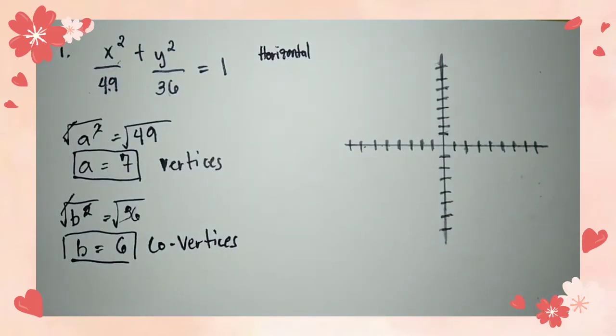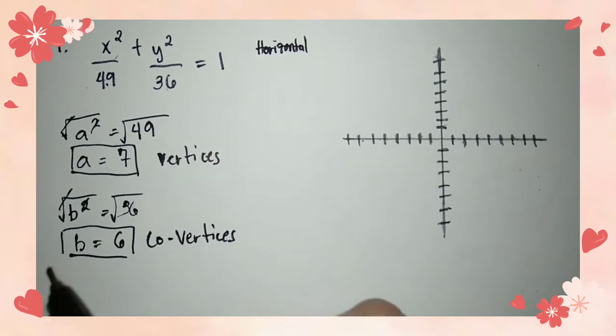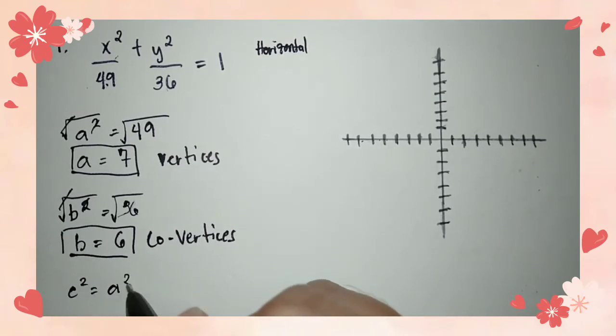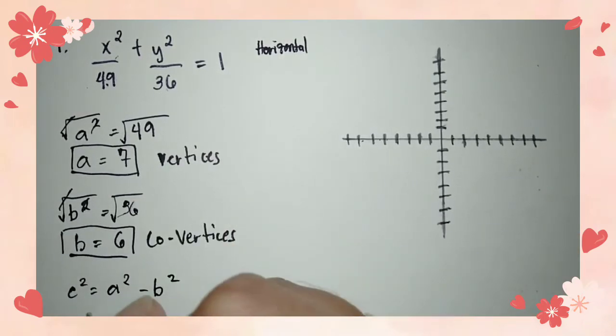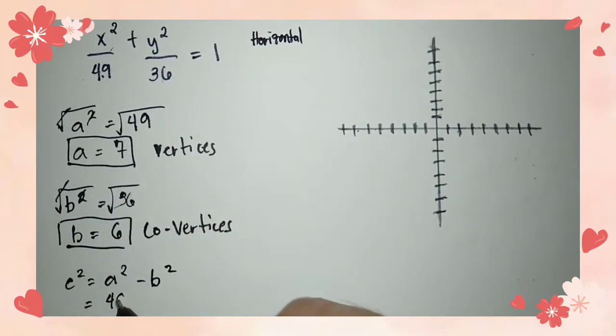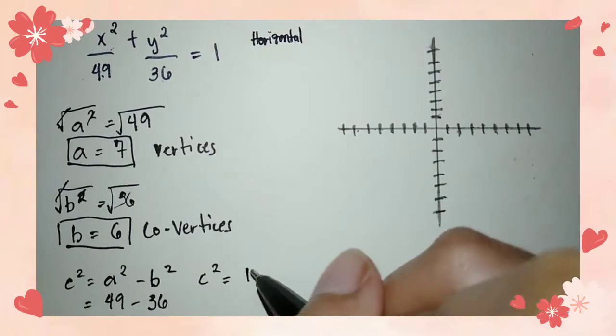We have the formula for our C, which is, siya naman yung mag-identify ng ating foci. We have C squared is equal to A squared minus B squared. Since ang ating A squared is 49 minus 36 ang ating B squared, we have C squared is equal to 49 minus 36 is 13.